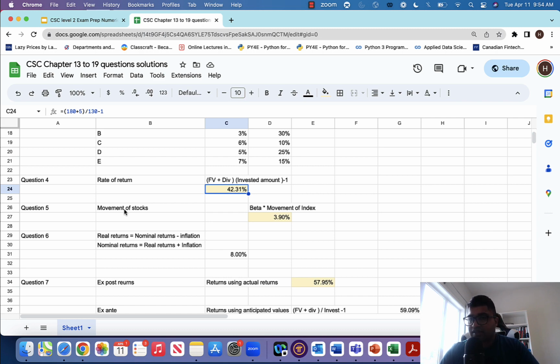The actual returns are movement of stocks or movement of portfolio equals to beta times movement of index. So it is 1.3 beta of your portfolio times the movement of index 3. So it comes to 3.9%. So if the index moves 3%, based on the beta that your portfolio exhibits, you are most likely to have 3.9% movement in your stocks, in your portfolio.